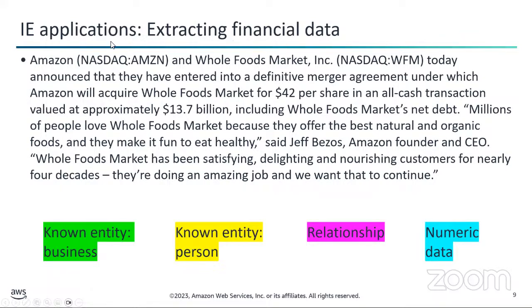Then another application of information extraction is in the finance industry, of course, extracting financial data. For example, this is an article: Amazon, NASDAQ ticker symbol AMZN, and Whole Foods Market Incorporated, NASDAQ ticker symbol WFM, today announced. And so over here, it has to have known entities such as business, person, the relationship, and the numerical data.